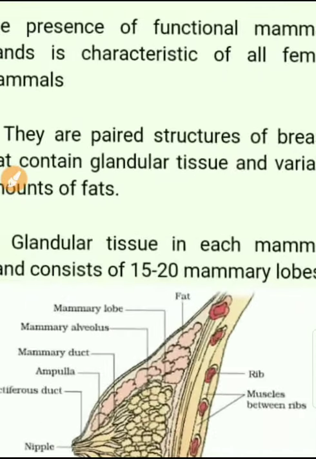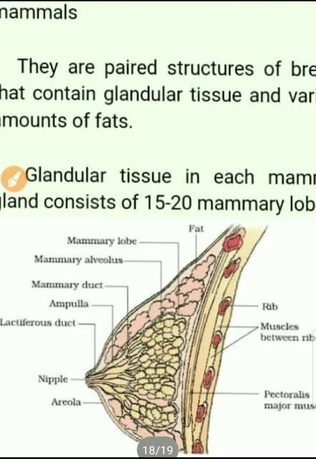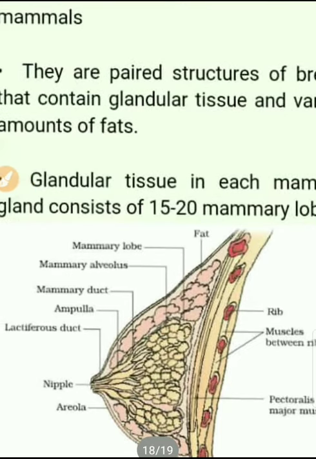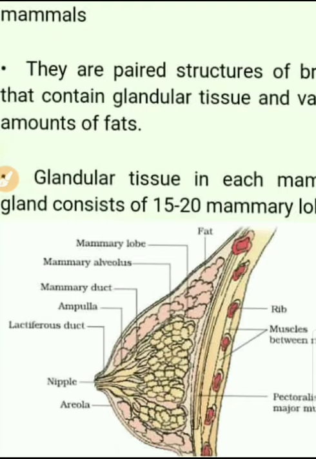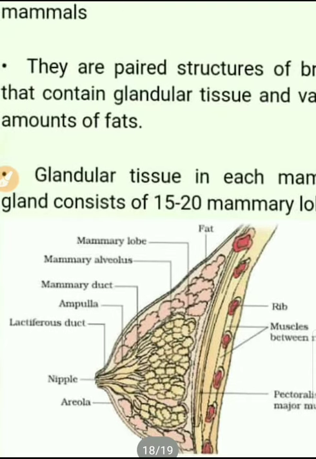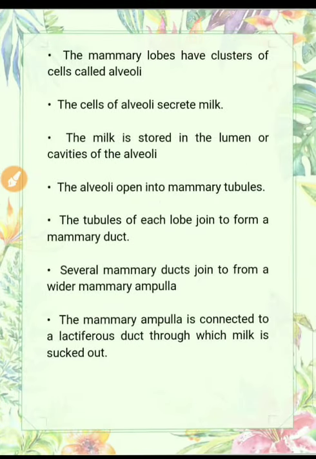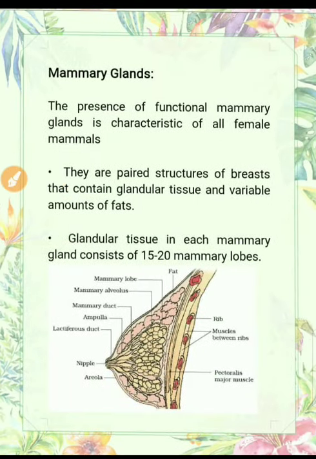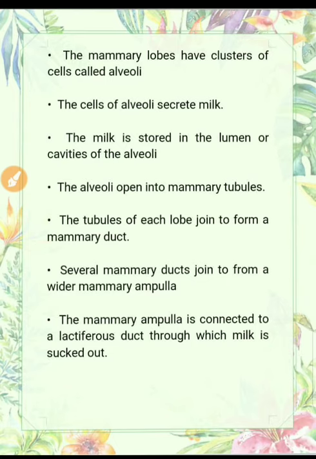You can see here this is the mammary lobe, and these are the mammary alveoli. Milk is stored in the lumen, or cavity, of the alveoli, and the alveoli open into mammary tubules. The tubules of each lobe join to form a mammary duct.